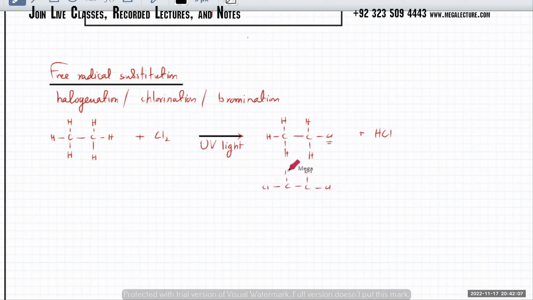And it was a random reaction. You can't really predict where the Cl is going to get attached. So, for example, in this one, you're having three Cls substituted. So many random substitution products are possible.